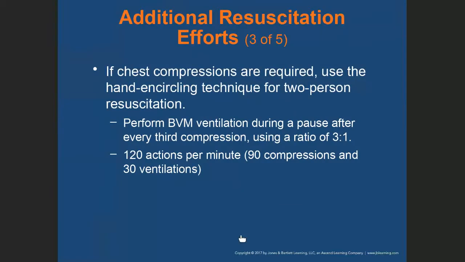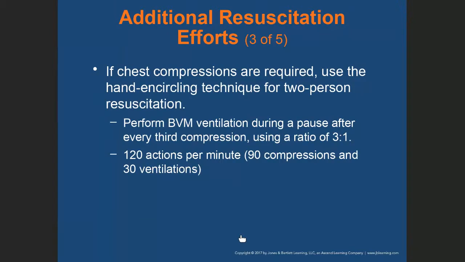If chest compressions are required, use the two-thumb hand encircling technique for 2 persons, and it is a 3-to-1 ratio. As I said, when you're doing CPR for a neonate, it's not the same as CPR for an infant. So it's 90 compressions to 30 ventilations, right?